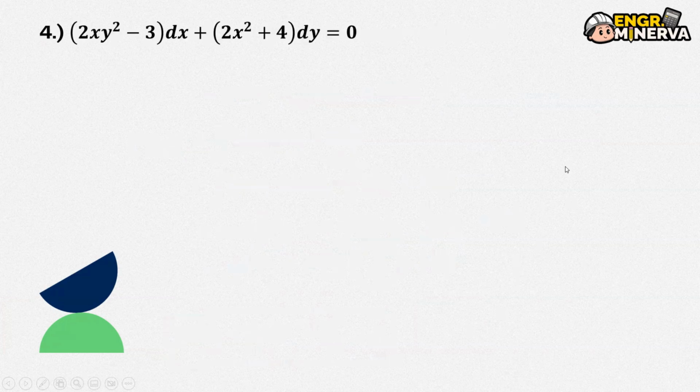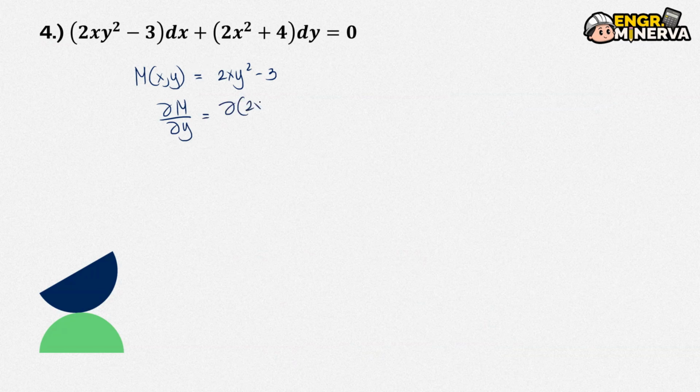Next, we have example number 4. Again, let's check first if this differential equation is exact. We assign for our M as a function of x and y, 2xy squared minus 3. So the partial derivative of M with respect to y is the partial derivative of 2xy squared with respect to y minus the partial of 3 with respect to y.